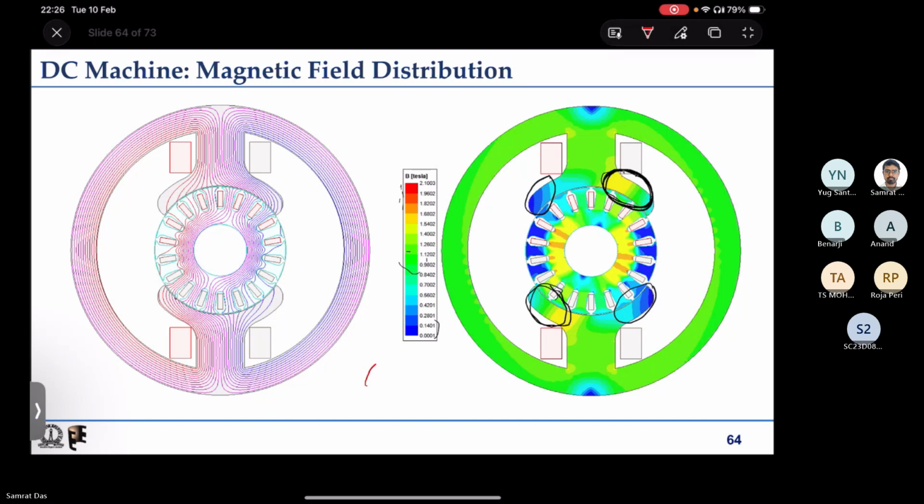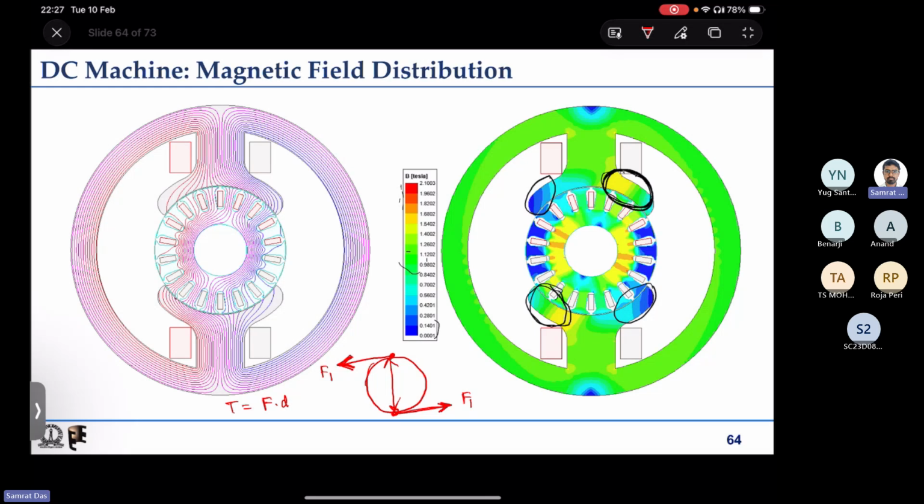Torque in a gross sense is like this: some force acting in this direction, and some other force acting in this direction. This is a couple. If this is F1, this is also F1, and this is the distance, then F into distance is the torque. That is our regular understanding about torque.